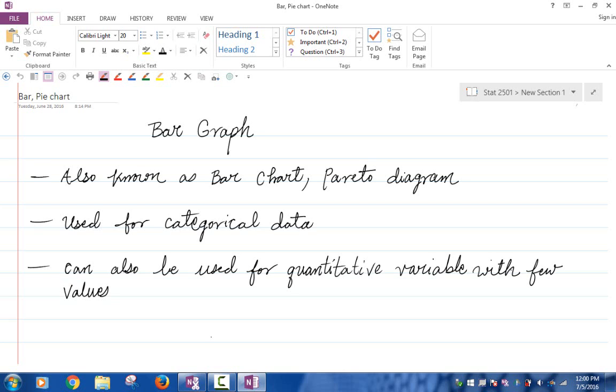So not a big difference, but this is used for categorical data, and it can also be used for a quantitative variable with few values. If I have a quantitative variable that has only, say, 5 values, then I can think of it as a categorical variable. I can think of dividing the population into 5 categories.